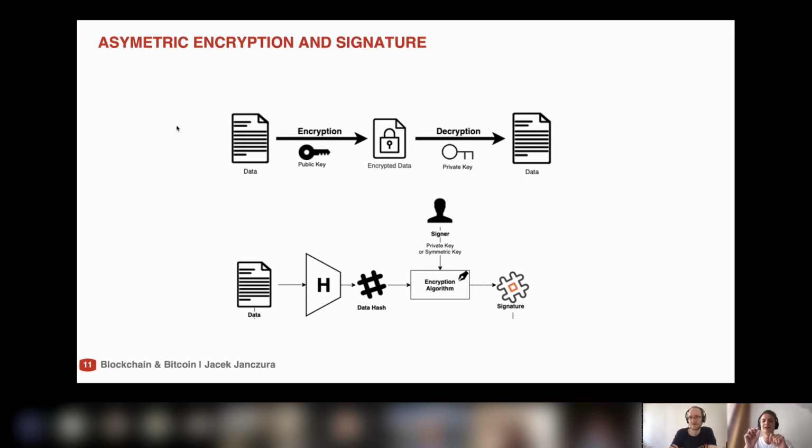And what does it mean to sign the hash? We just use the private key to encrypt the hash, and anyone with our public key can decrypt this hash and hash the data themselves and then compare the hashes. If the hashes are the same, it means that this is the piece of data that was signed by the signer.